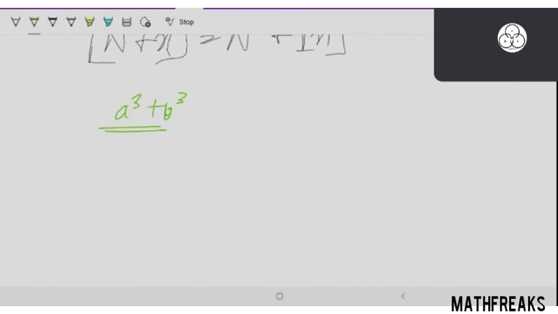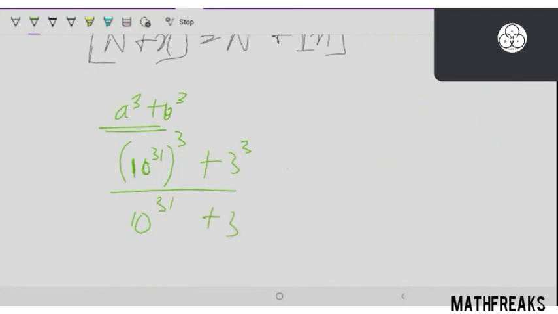Consider 10 to the power 31 whole cube. This will be 10 to the power 93 plus 3 cube over 10 to the power 31 plus 3.